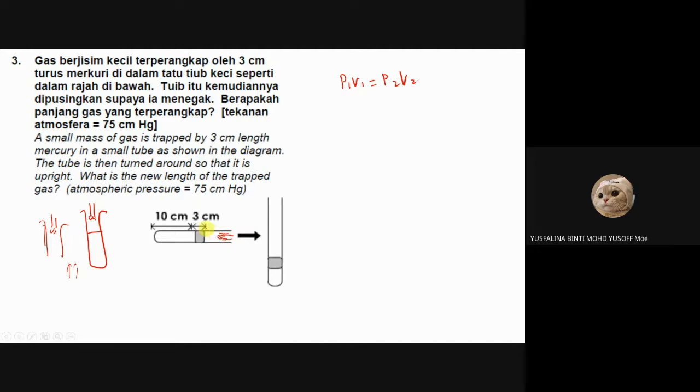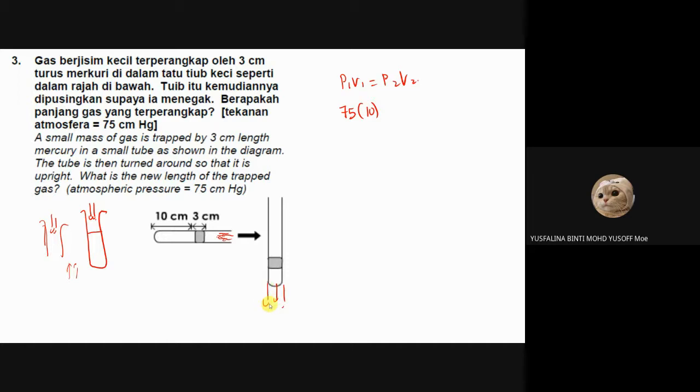So for this one, 75 just times 10. There is atmospheric pressure acting on it because this is an open surface. But the thing that is not acting here is gravity.